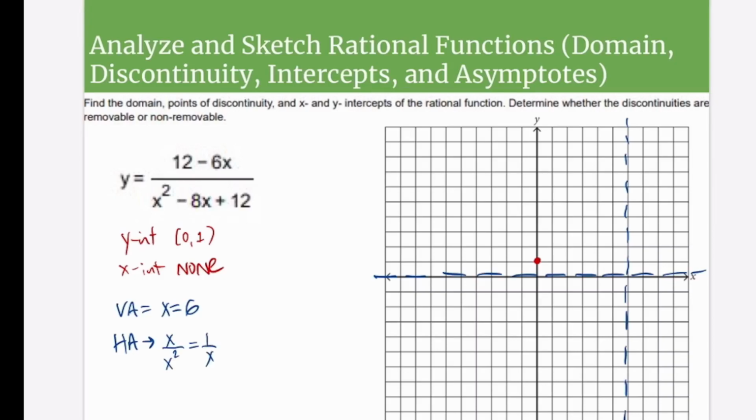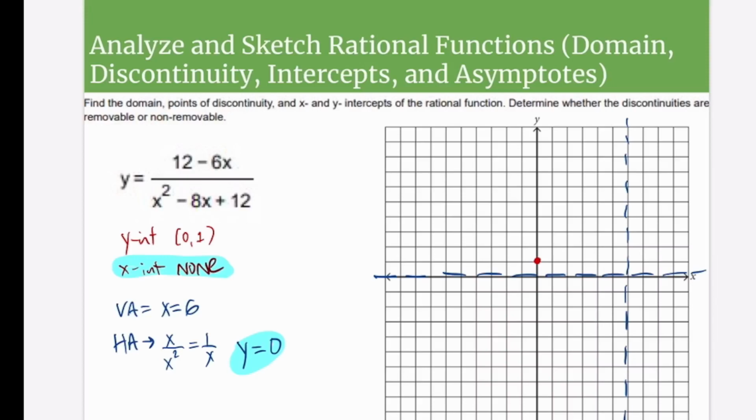When you're finding horizontal asymptotes, if your denominator has a variable and your numerator does not after you simplify it, it means your horizontal asymptote is where y is 0. So because you have an asymptote when y is 0, it means y cannot be 0. That's why our x-intercept does not exist for this problem.